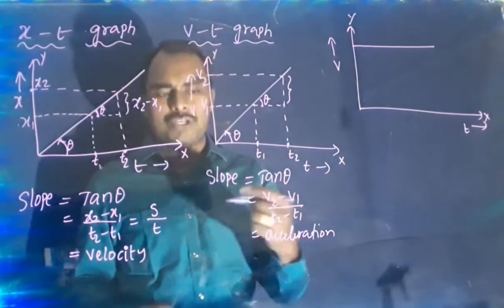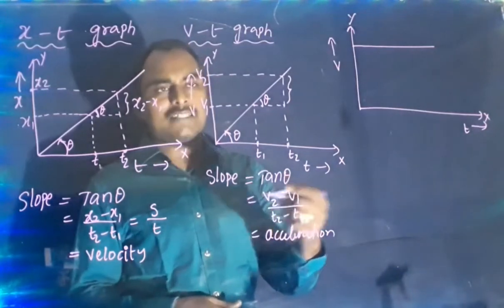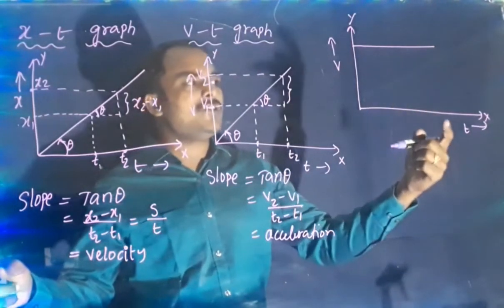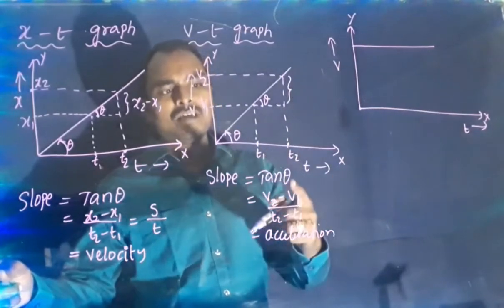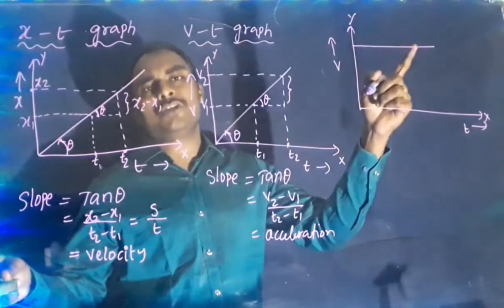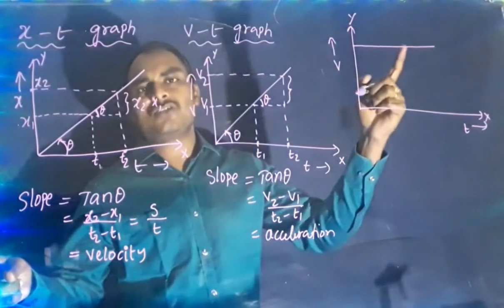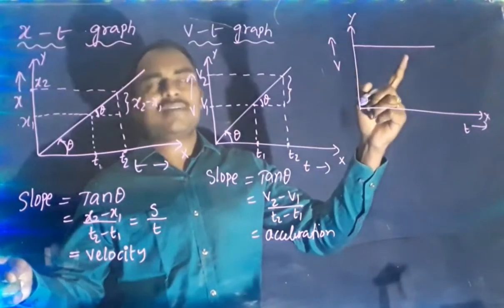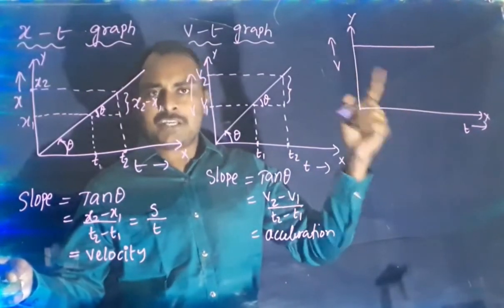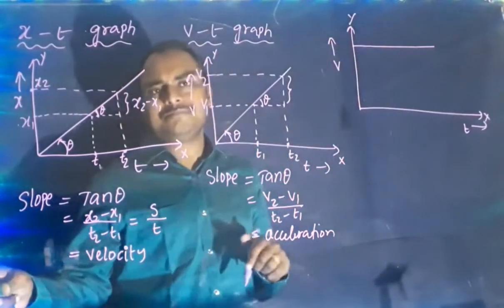Slope formula is tan theta, where theta is the angle made by the straight line with positive x-axis. This straight line makes zero angle with x-axis. So theta is 0, tan 0 is 0. So the slope of this straight line is 0. Slope is nothing but acceleration. Slope 0 means acceleration 0. Here the acceleration of the body for this example is 0. The body is moving with constant velocity.